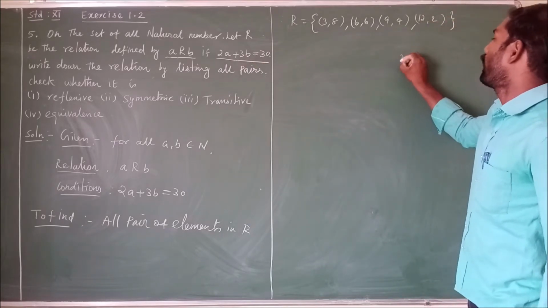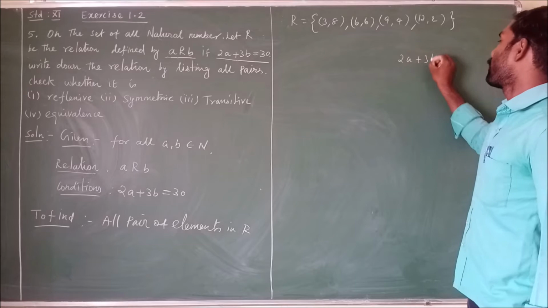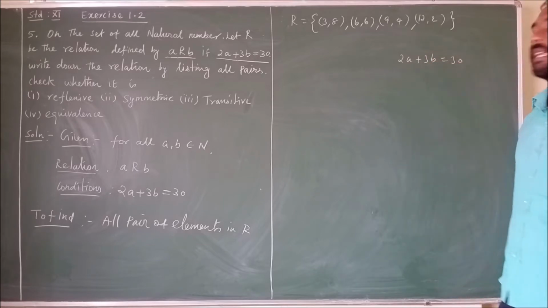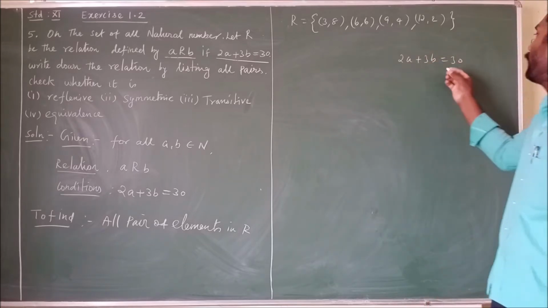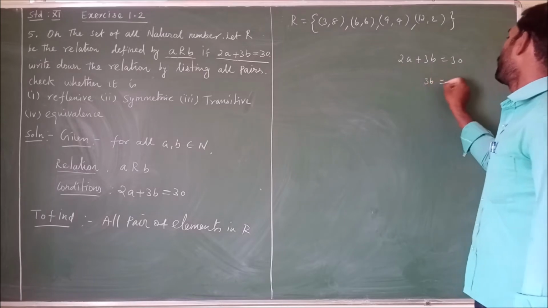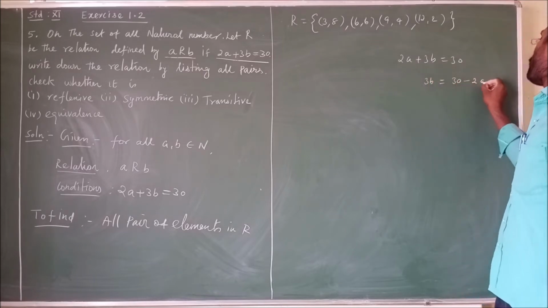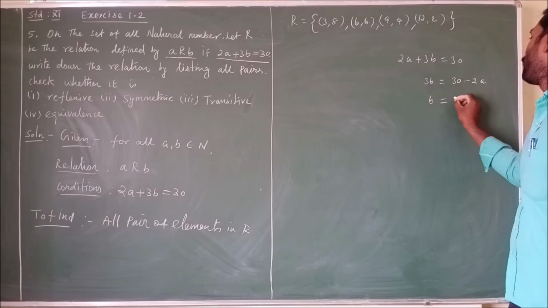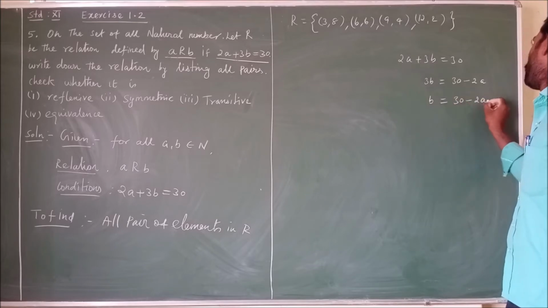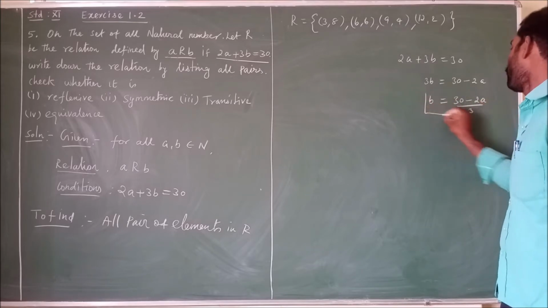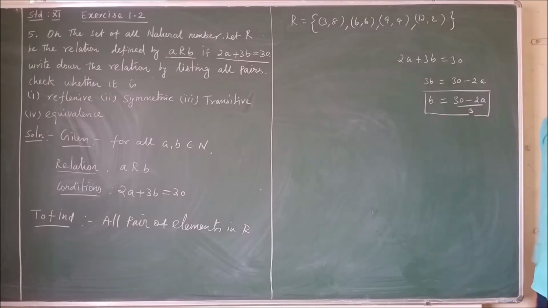Using the condition 2A plus 3B equals 30, therefore 3B equals 30 minus 2A, so B equals (30 minus 2A) by 3. This is the value of B.